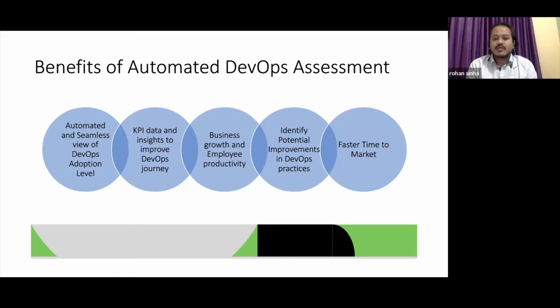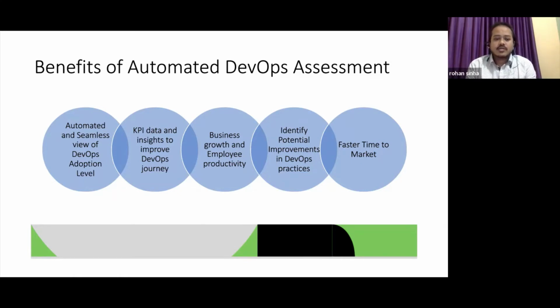When we have an automated DevOps assessment, you would have the same answers in an automated way, with data provided to you in a timely fashion without any manual intervention and with less toil. So what are the benefits of having an automated DevOps assessment?